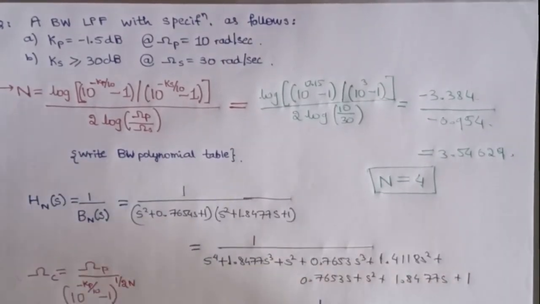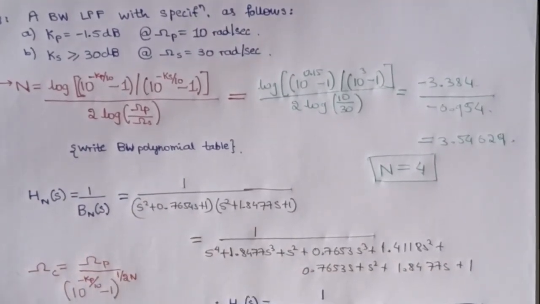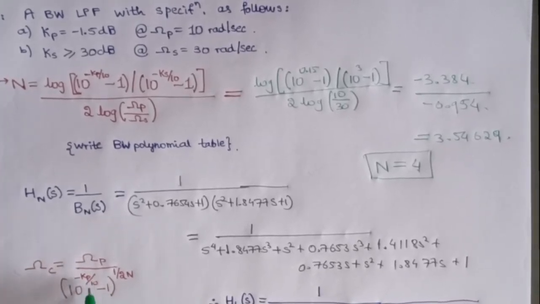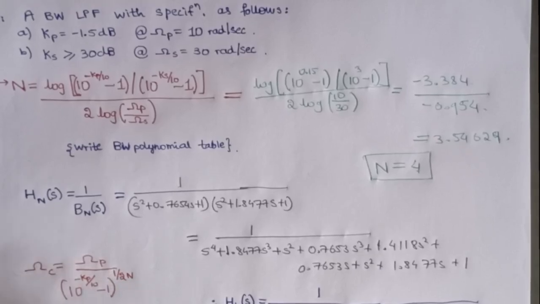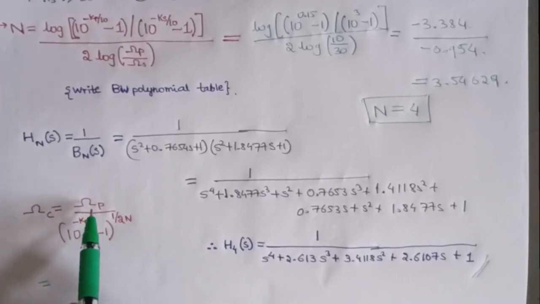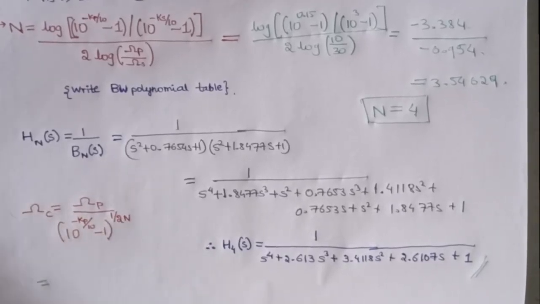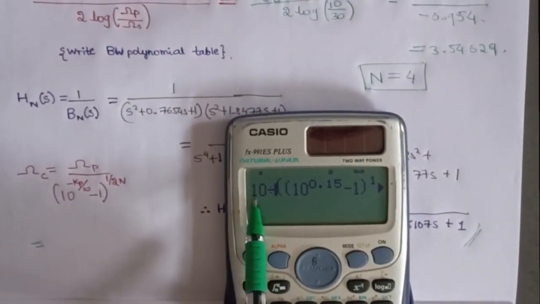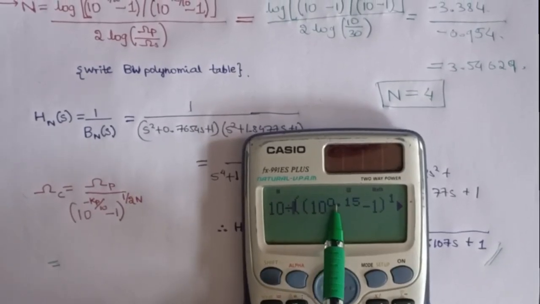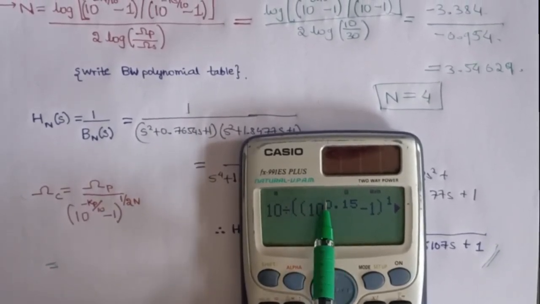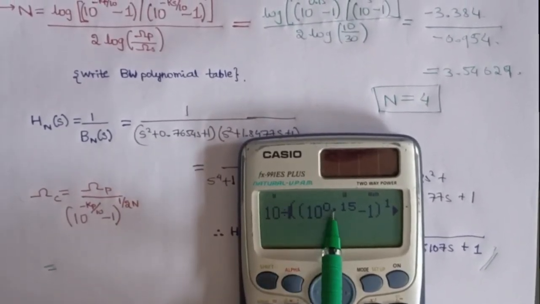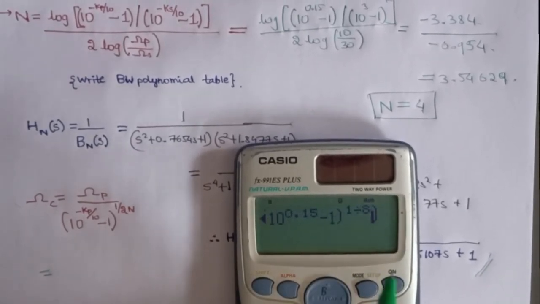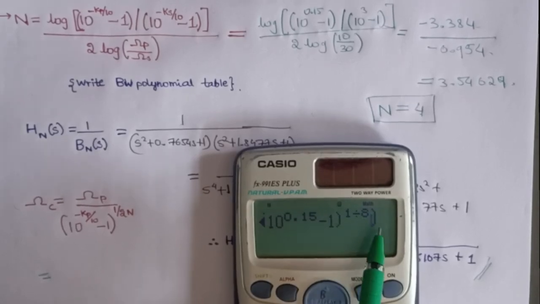Based on this transfer function, we have to find the cutoff frequency omega c. The omega c formula is omega p divided by 10 raised to minus kp by 10 minus 1, whole power 1 by 2n. Substituting the values of omega p, kp and n: omega p is 10, kp by 10 is 0.15, 2n is 2 into 4, which is 8, so whole power 1 by 8.